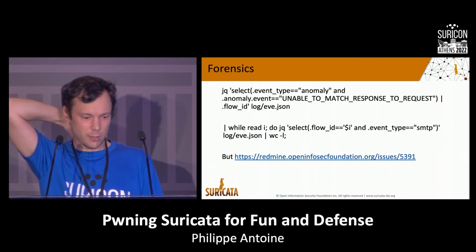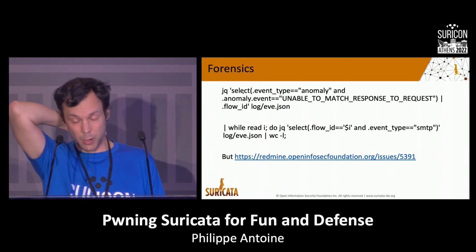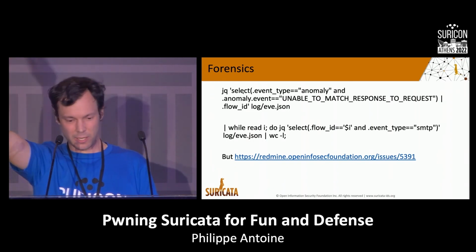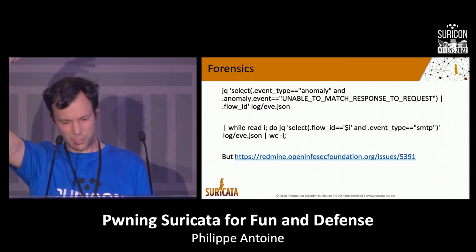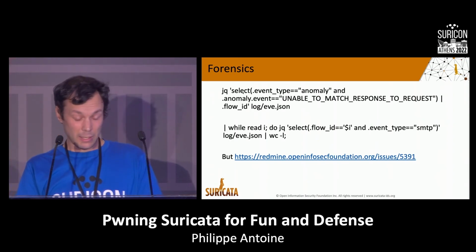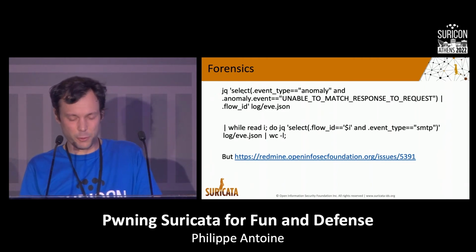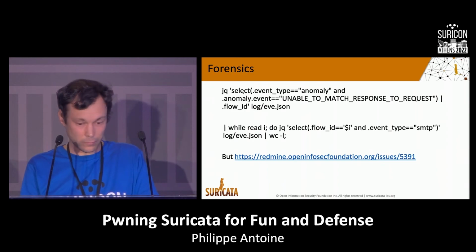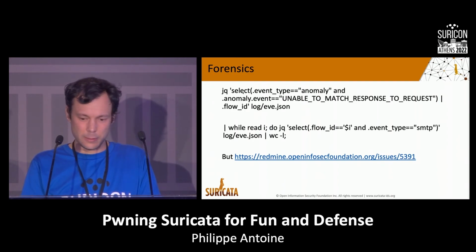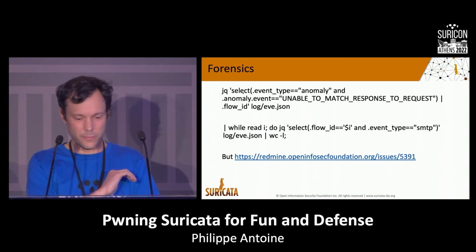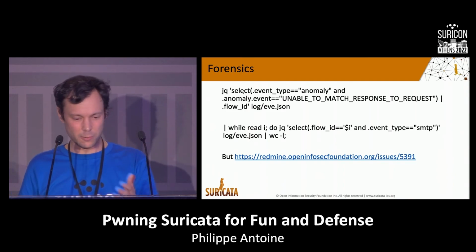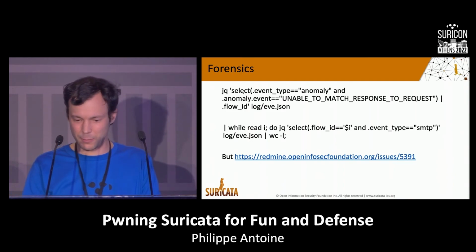And you can also look for flows where the protocols such as FTP, SMTP, HTTP have different event types of protocols that should not happen. This is good because it worked on the vulnerable version, but there was a bug in anomaly generation, which was issue 5391. So maybe you do not have all the anomalies, but you should at least have some of them.